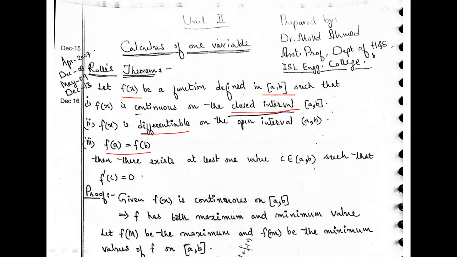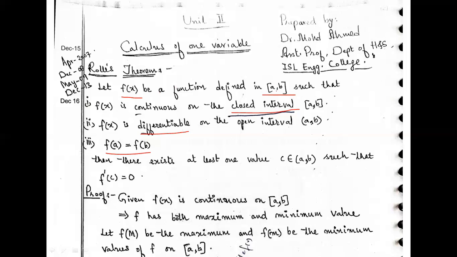Then there exists at least one value c belonging to (a, b) such that f dash of c is equal to 0.